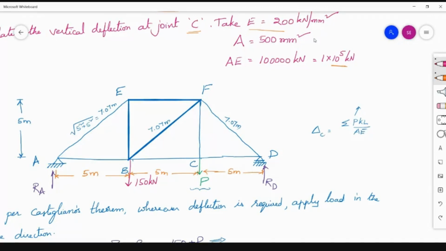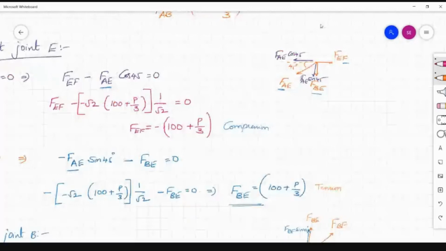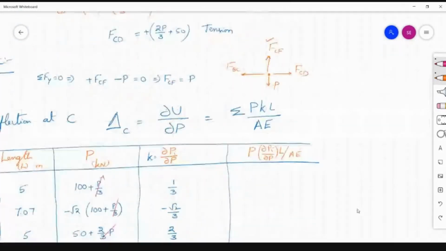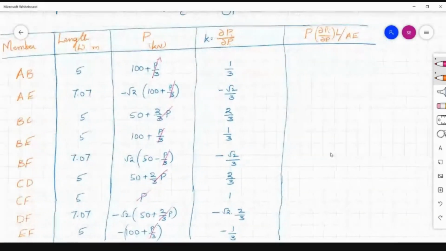So AE is 200 into 500 kilonewton per mm square into mm square. So the unit is in kilonewton. So 1 into 10 power 5 kilonewton. Substitute 1 into 10 power 5 for AE value.